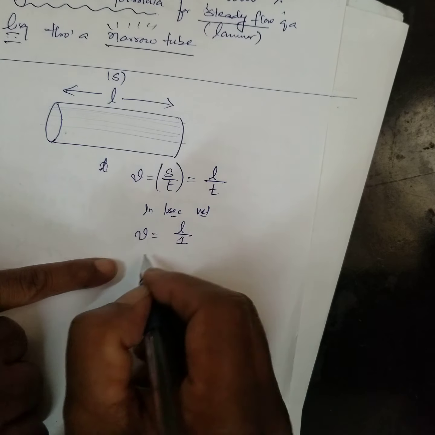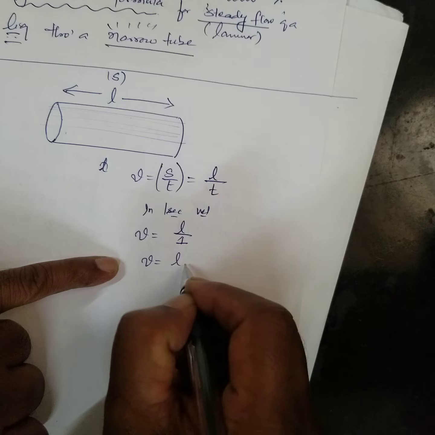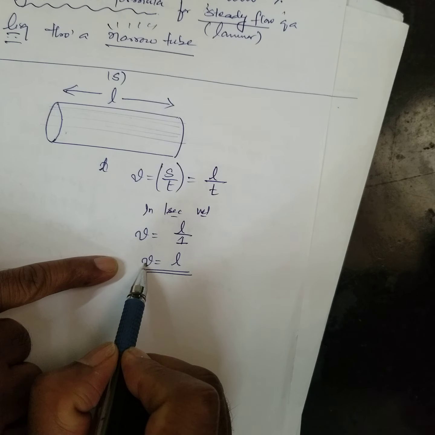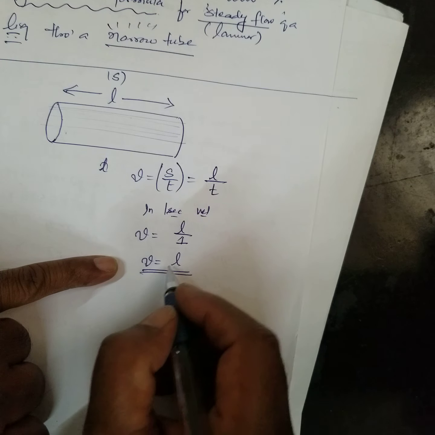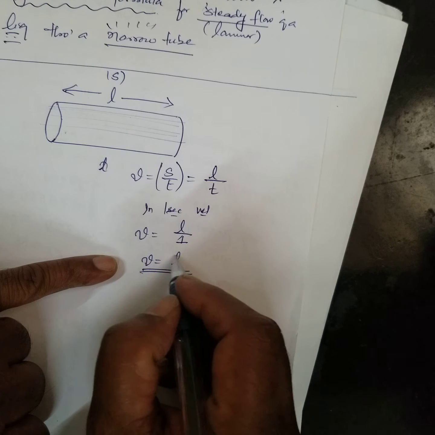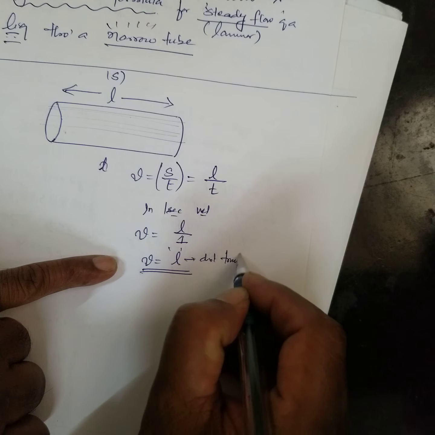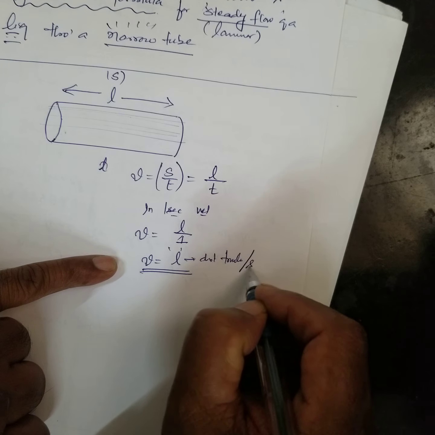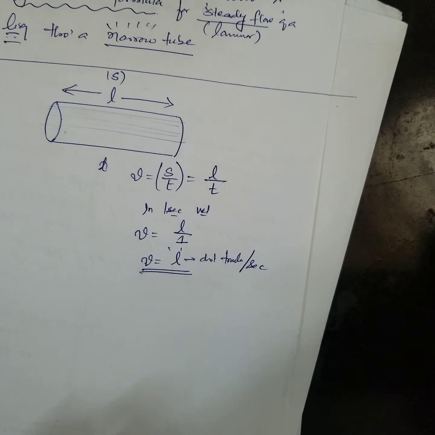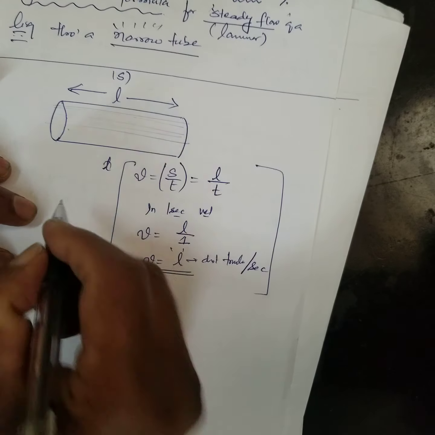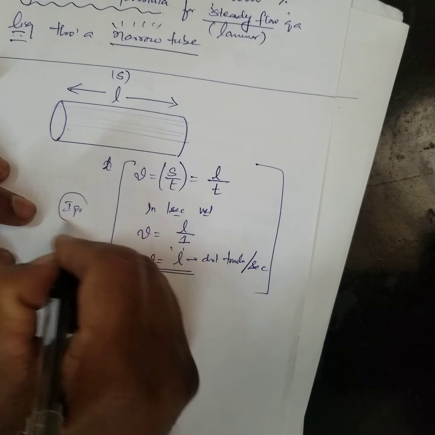Therefore, V is equal to L. In some places L is replaced by V. Velocity is equal to the distance traveled per second. This is one concept you studied in first PU, while doing some problems.